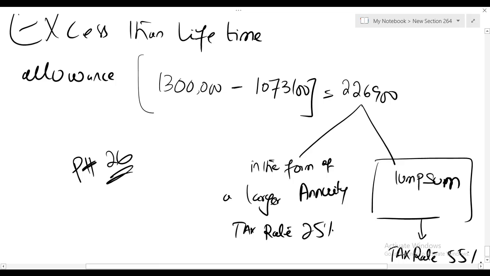One is, if the individual takes the excess amount over the lifetime limit in the form of a larger annuity, then that individual will have to pay 25% tax. But if that individual says, no, I need the entire excess amount lump sum, then this individual will have to pay 55% tax. So that was all about accessing the pension. You can go and have a really good look at page 26 of the book.